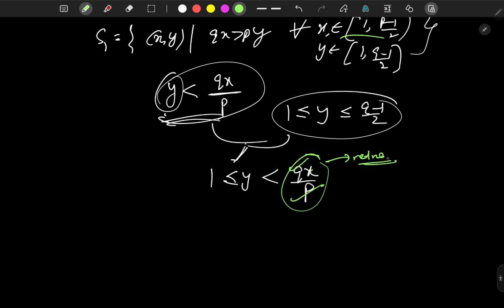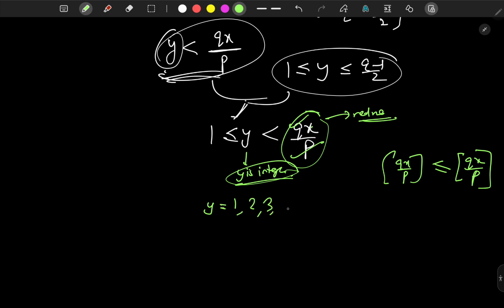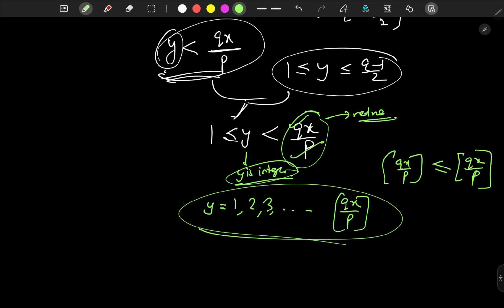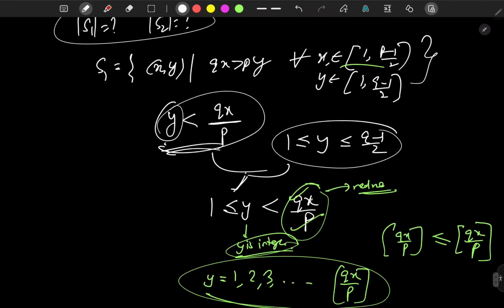But y is an integer. We know that the integer part, the floor of qx/p, is less than or equal to qx/p. Therefore y can take possible values 1, 2, 3 and so on up to floor of qx/p. Do you get my point?